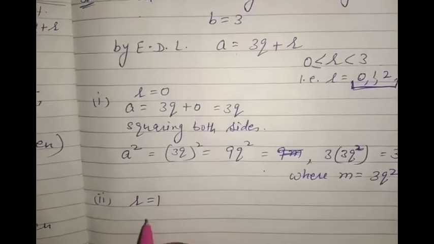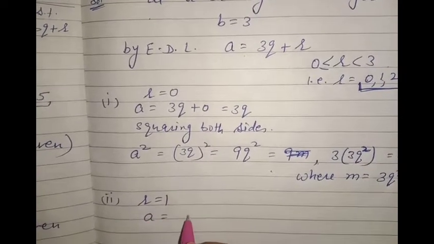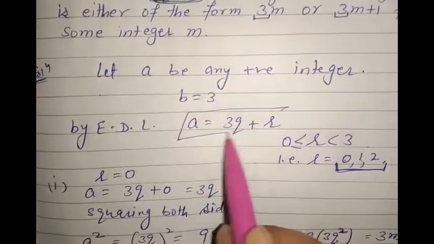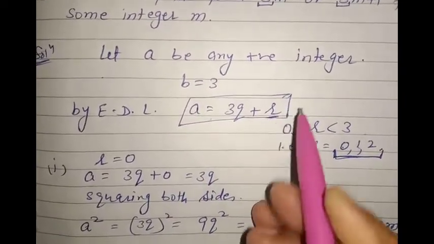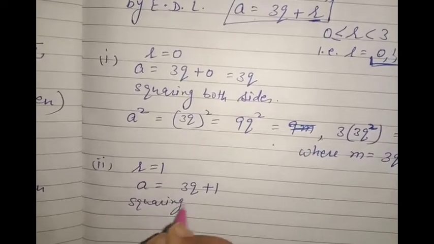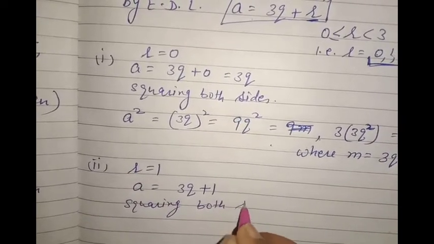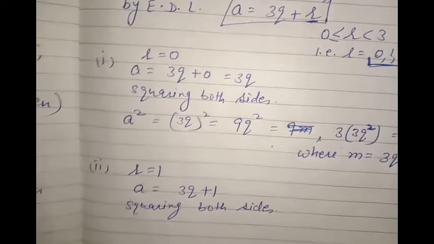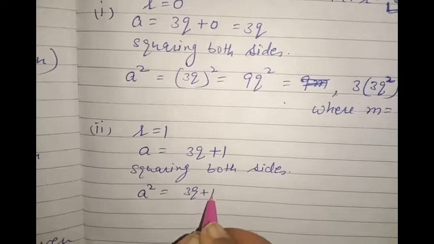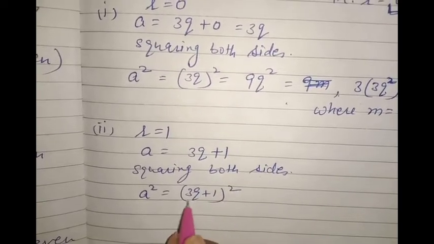When r is 1, then a is equal to 3q plus 1, because a is 3q plus r. r will take different values. Then again squaring both sides, we get a square is equal to 3q plus 1 whole square, because this is a binomial, 2 terms.